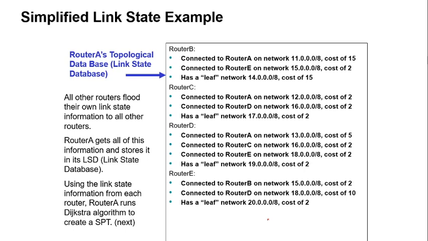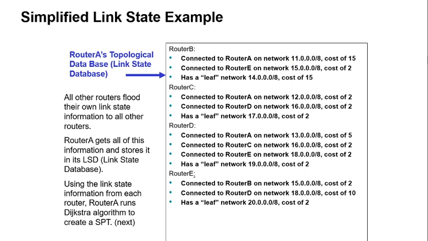So let's simplify how this topological database will be computed. Let's simplify this received link state information at router B. Basically this is the topological database for A. It will say that router B is connected to A using this IP address with the cost of this, and B is connected to E, and so on to E as well.